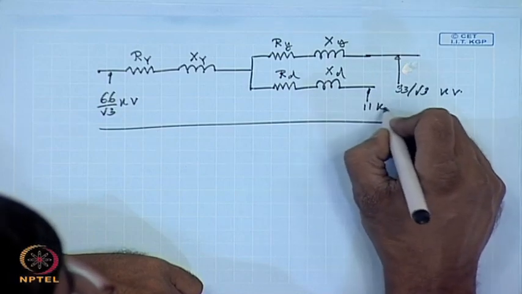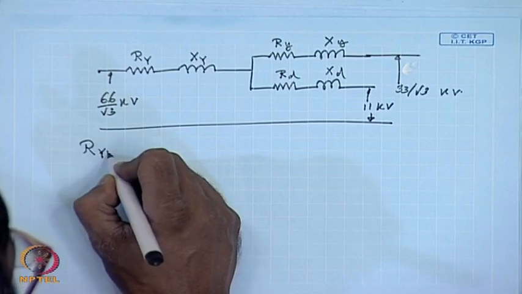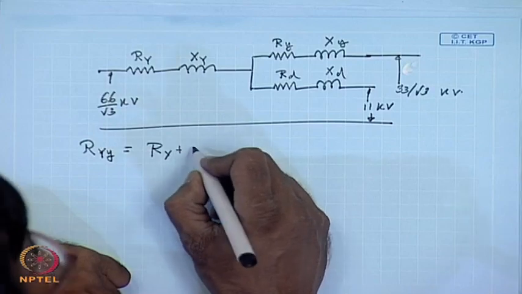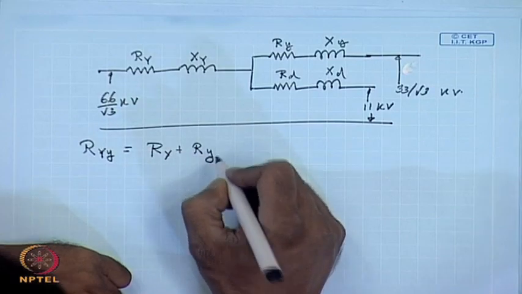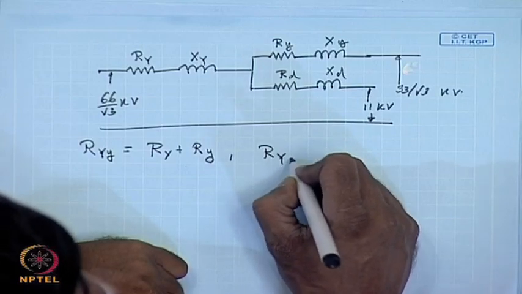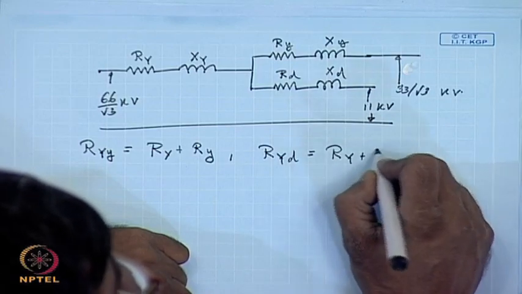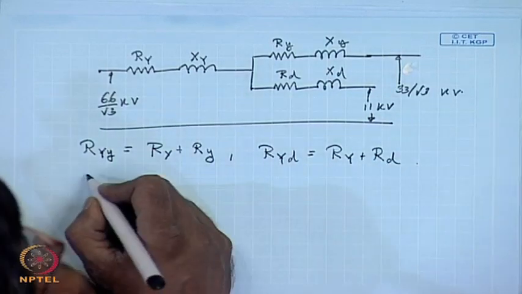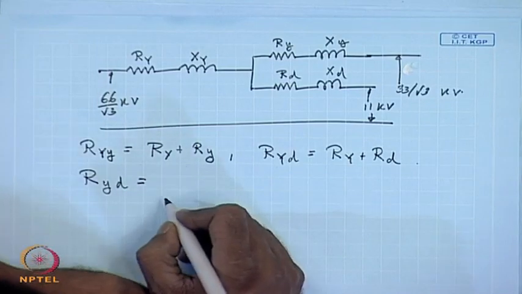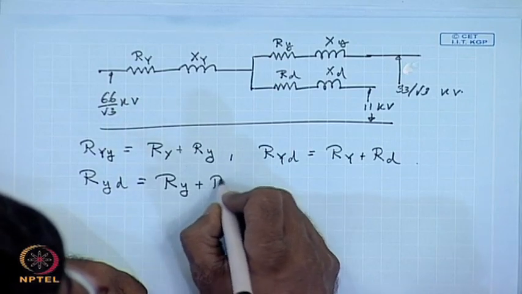This is 11 kV. Now, RYY equal to R capital Y plus R small y. Similarly, RYD equal to R capital Y plus R small d, and R small y small d equal to R small y plus R small d.